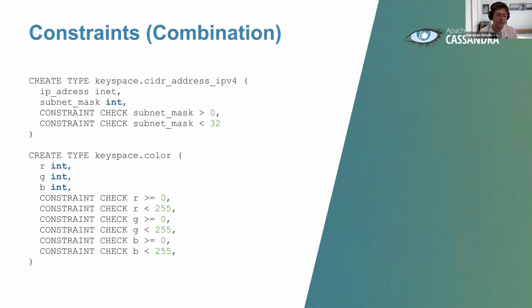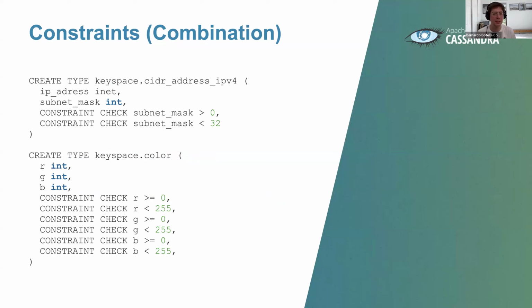Now, another use case, which is what I was mentioning before, something that can be done with these types of constraints is being smarter about creating data types. For example, in this case, these are 2 different examples of creating logical objects that do not exist in Cassandra.